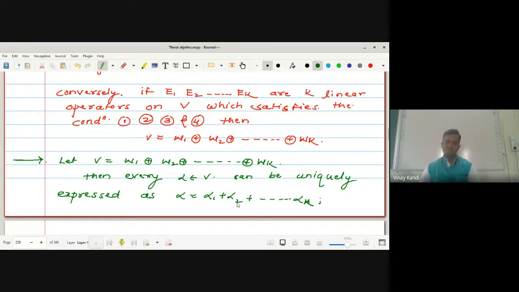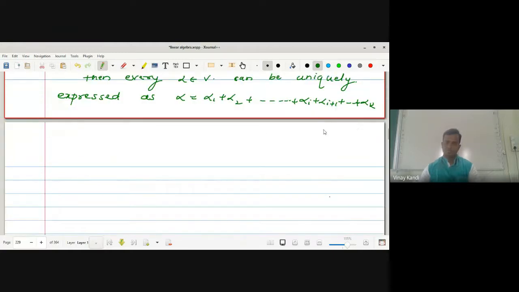Okay, alpha i plus 1 पण असेल याच्यामध्ये. Plus alpha i plus 1 and up to so on alpha k, where each alpha i belongs to Wi.